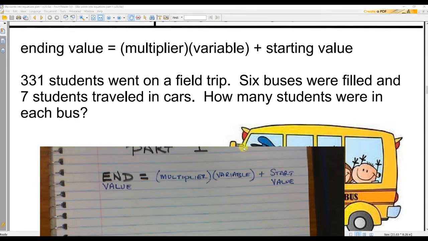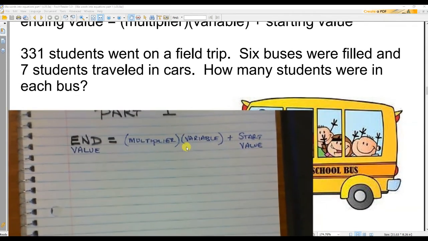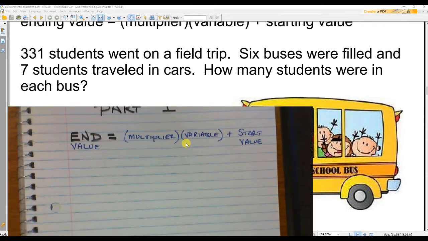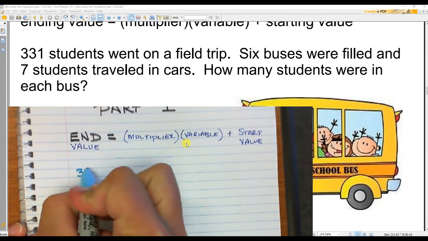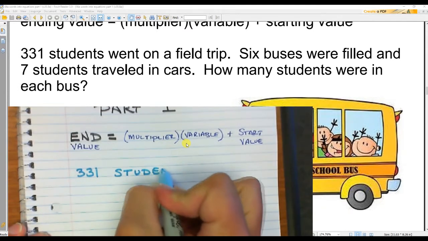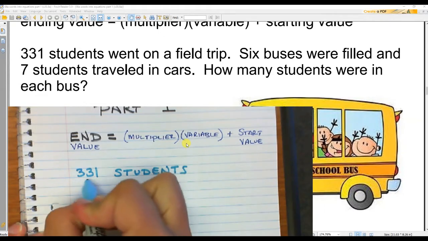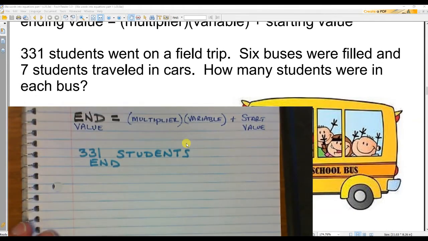So 331 students went on a field trip. That's our ending value right there. Six buses were filled, so we're going to need that.